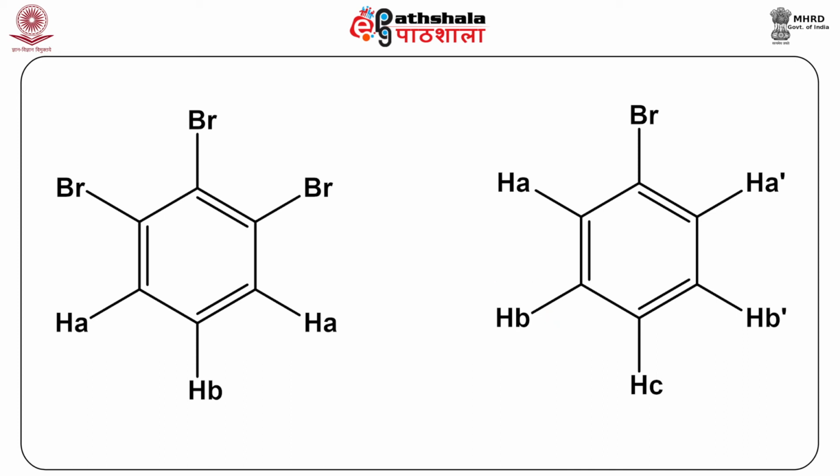The HA proton has a J3 coupling constant to the HB proton, whereas the J5 coupling to the HB dash proton. Thus, the proton HA has different coupling constants to the two chemically equivalent protons, that is HB and HB dash.